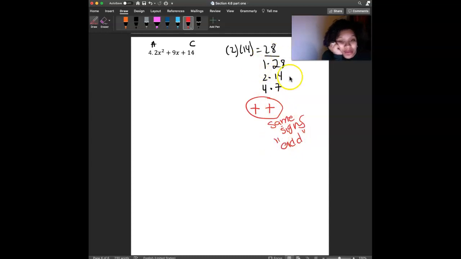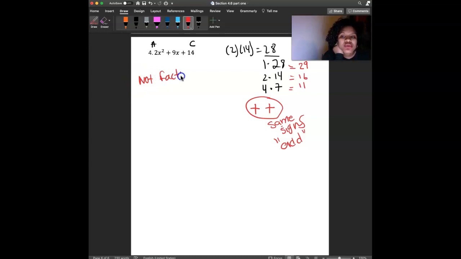Okay, so out of these factors, which ones will add to 9? If you notice, 1 and 28 adds to 29. 2 and 14 adds to 16. 4 and 7 adds to 11. So what happens? Nothing happens. This is not factorable.